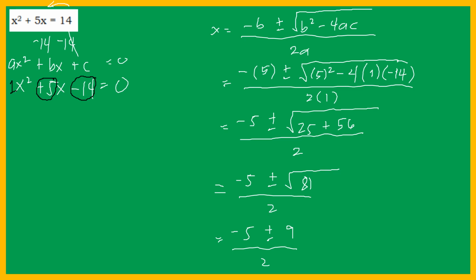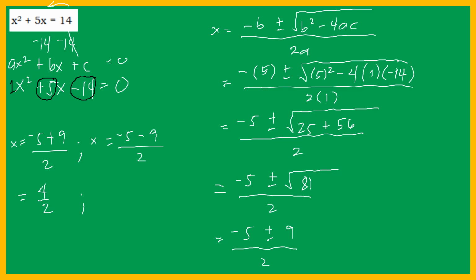Now, since dalawa yung ating operation dito na plus and minus, paghihiwalayin natin. So the first one is x is equal to negative 5 plus 9 all over 2. And then the second one is x is equal to negative 5 minus 9 all over 2. Then simplifying, we have negative 5 plus 9 is positive 4 divided by 2.